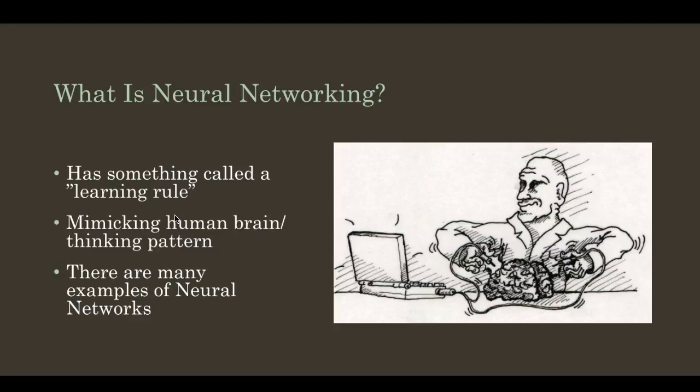It also has something called a learning rule, which is understood as the training of the data. I'll explain that further in the next slide. It mimics the human brain, like I said previously. It thinks in patterns. There are many examples of neural networking, like facial recognition, and in MATLAB there are other examples which we'll explain further.